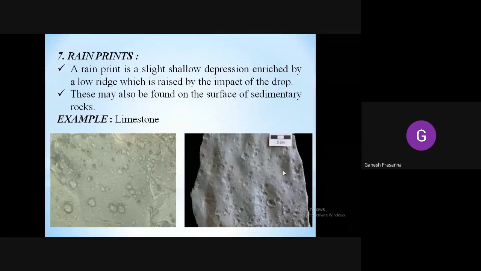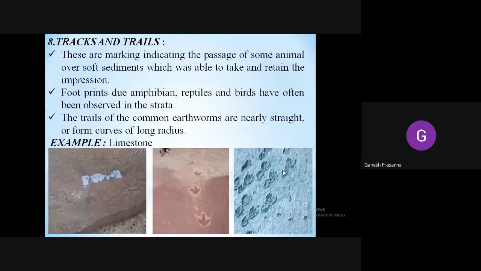Coming to the tracks and trails, you can see sometimes either human beings or any animals, reptiles, birds, any of the organisms will move on waterlogged areas.